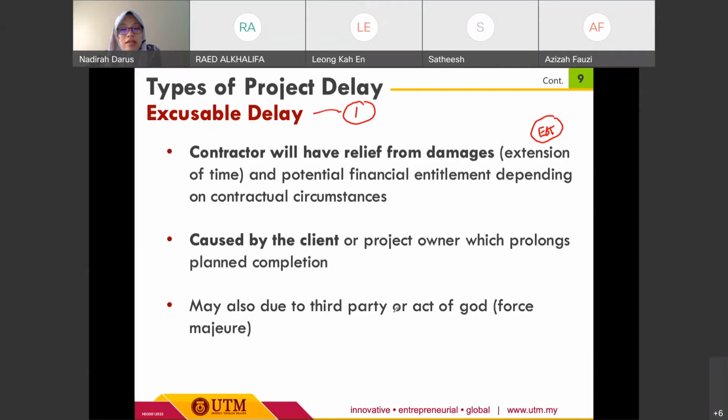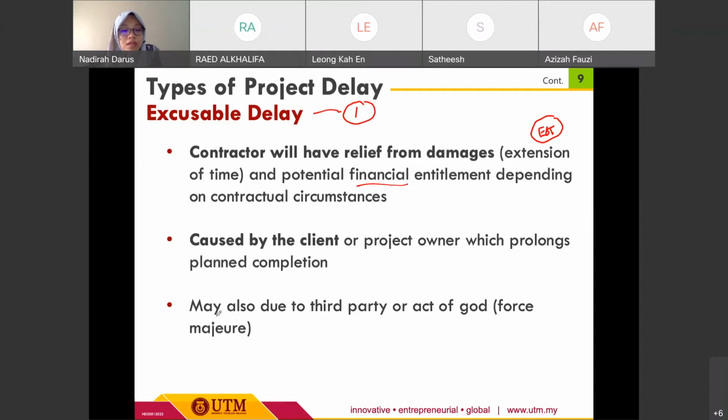Either in terms of EOT or financial cost of the project that they need to bear. Because excusable delay is mostly caused by the client or project owner, which prolongs planned completion. So the main party that causes this delay is the client or project owner themselves.